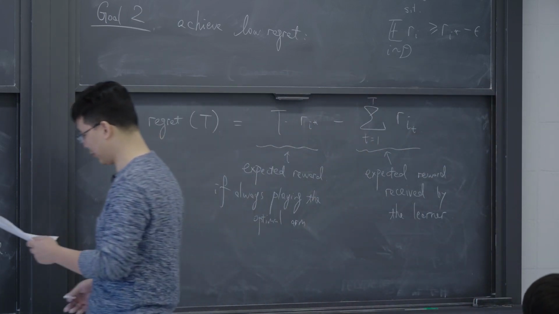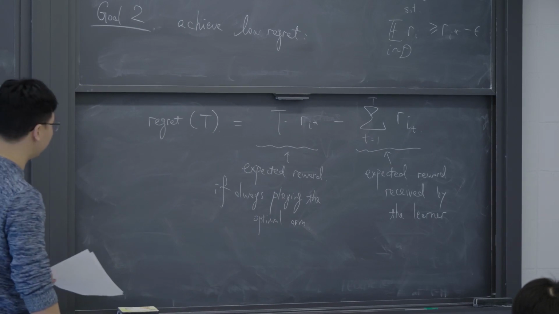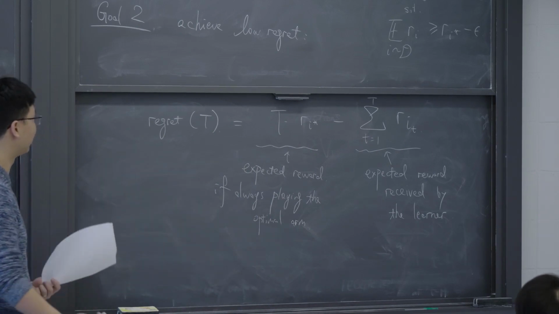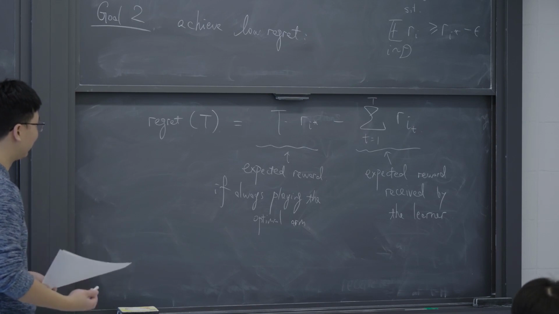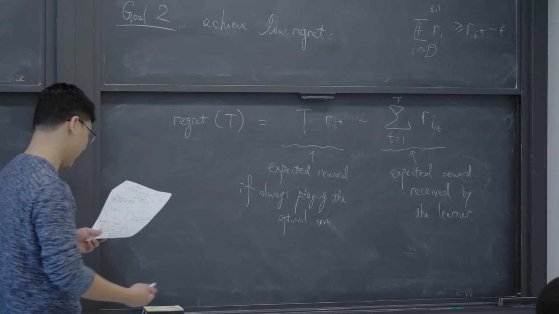And the regret is very intuitive by its name. Basically, if regret is very large, you have a lot of regret. If regret is small, then basically you don't regret much not playing optimally.